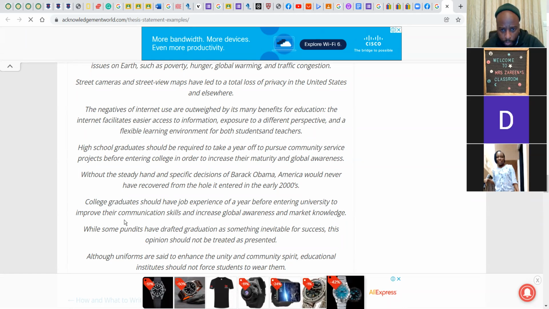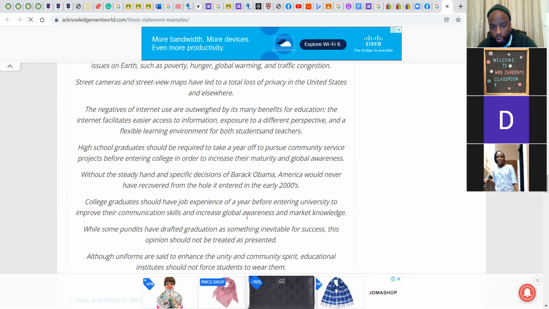And then it gives you the roadmap. College graduates should have 1 year of experience before entering university. That's the topic, and it's also giving you the debatable statement. And then it's giving you the evidence on why this should happen. First one, to improve their communication skills. So somewhere in that essay, there's going to be a paragraph or a couple paragraphs about improving communication skills, and increasing global knowledge, and then market knowledge.